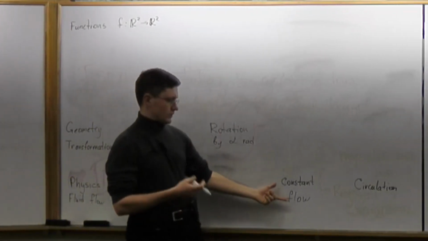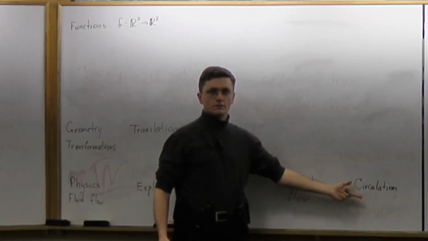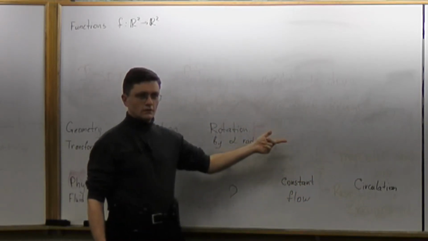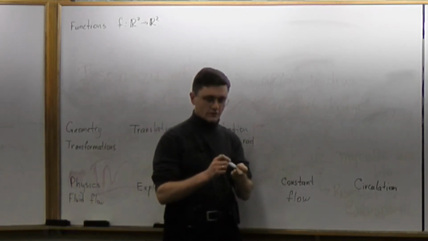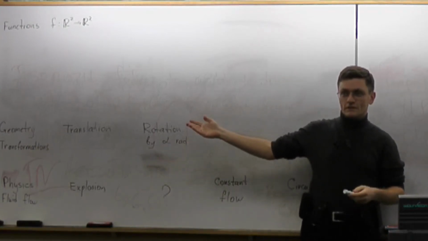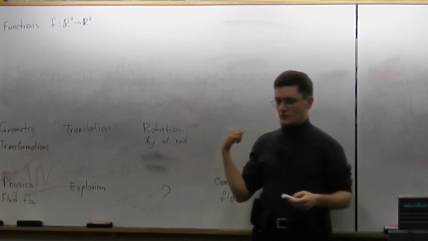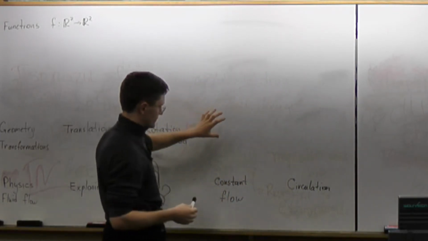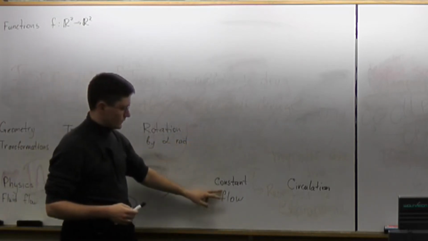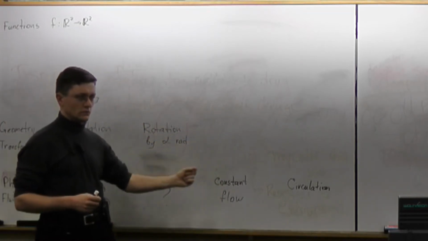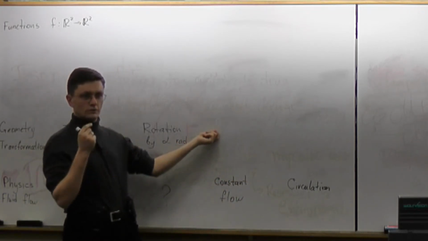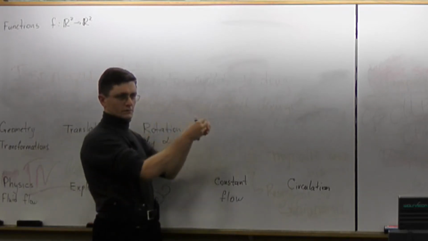Well, on the other hand, physics suggests these two are easy to understand physically, so why don't we try to understand them geometrically? Because if something is easy to understand, it should be easy for both physicists and geometry. Now, is it easy for geometry? So what was the geometric transformation corresponding to the constant flow? Constant flow is about assigning the same vector to each point. Geometrically, it means assigning the same point to each point. So the whole plane collapses to one point.